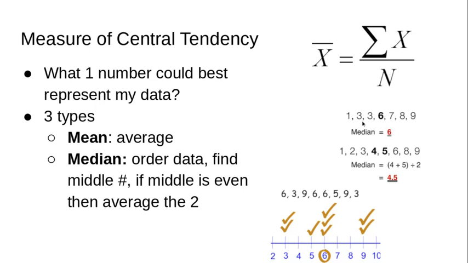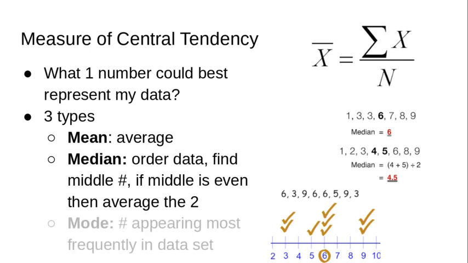So in this first data set, it works out nicely because it's an odd number. So you have 3, then the median, which ends up being 6, and then you have 3 more data points here. If you have an even number of numbers, you're going to have to average the 2 middles to get the true median. So a median is going to be line them up in order, find the middle number.